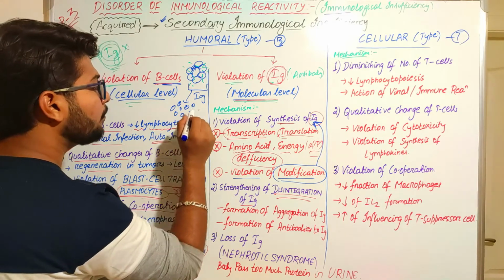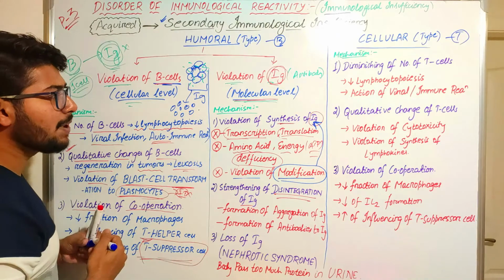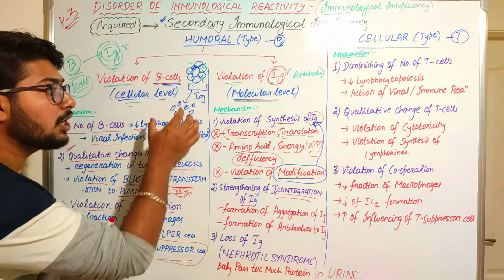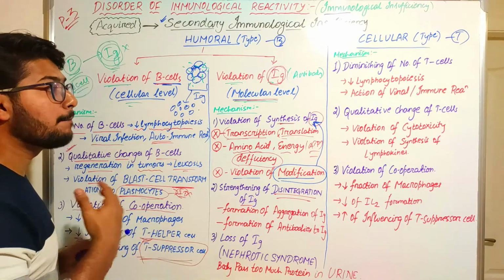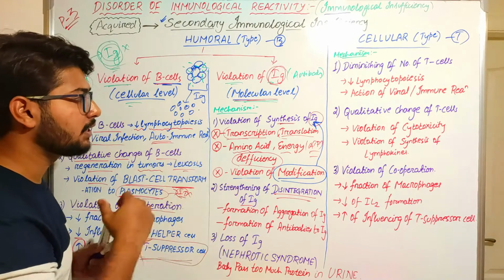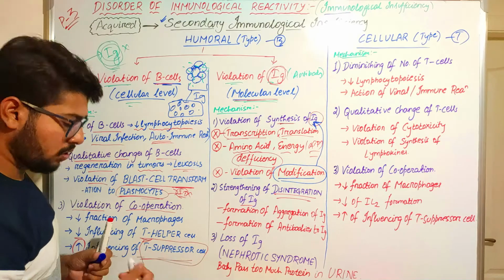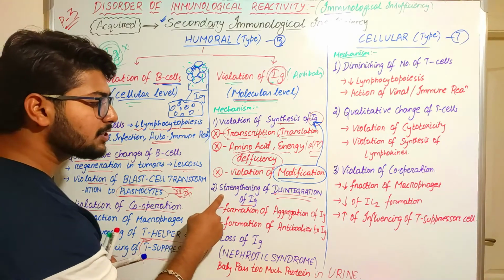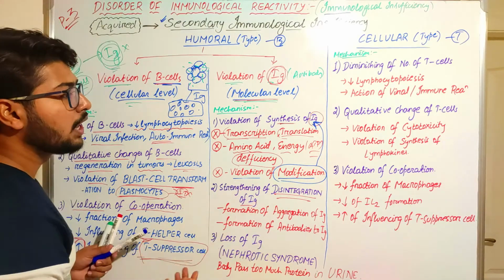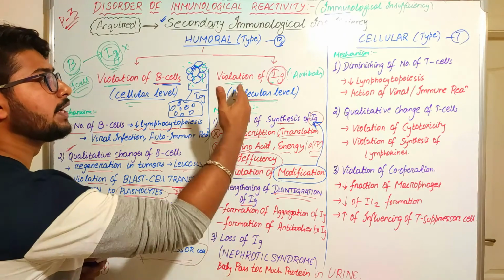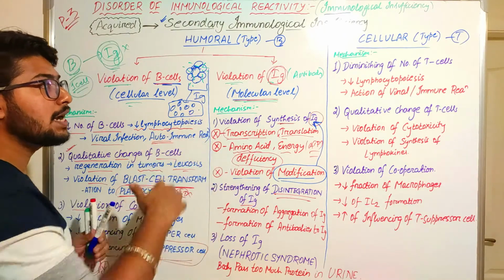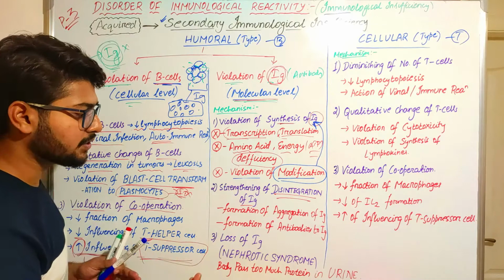It will not be in an aggregated manner, and that is why it loses its function, or its ability to fight the antigen, because it is structurally unstable now. So that is the reason why, if there is strengthening of disintegration of antibodies, it will lead to a violation of antibodies, and there will be no humoral reaction.